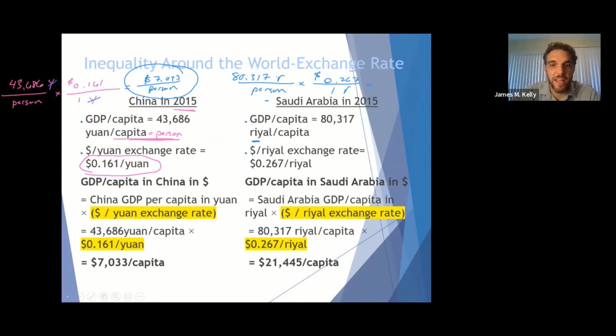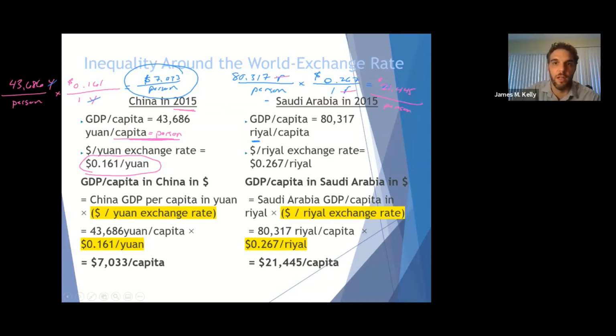So that ends up being $21,445, again, importantly, dollars per person. Okay. And again, the rials are going to cancel out when we do this multiplication.